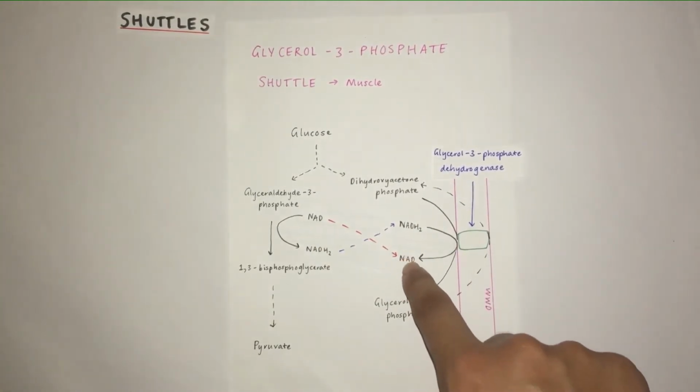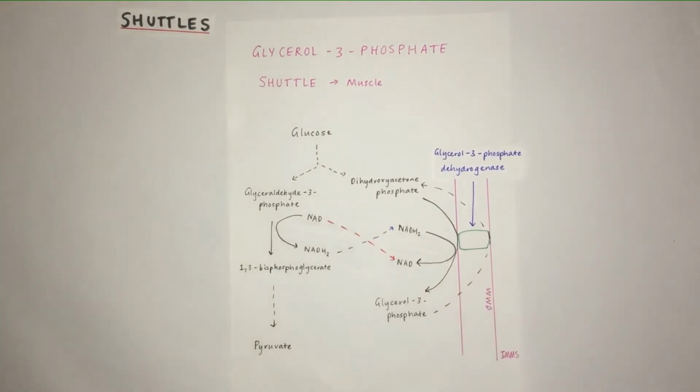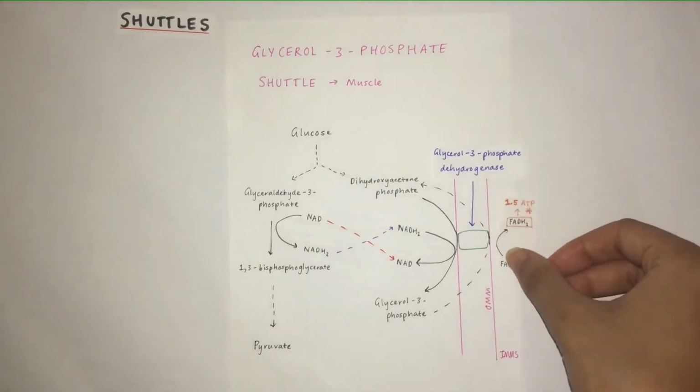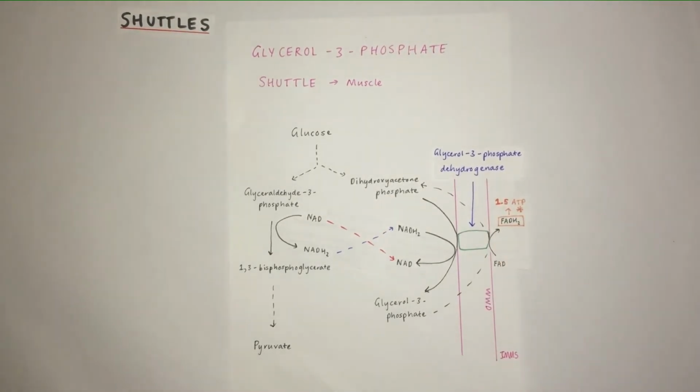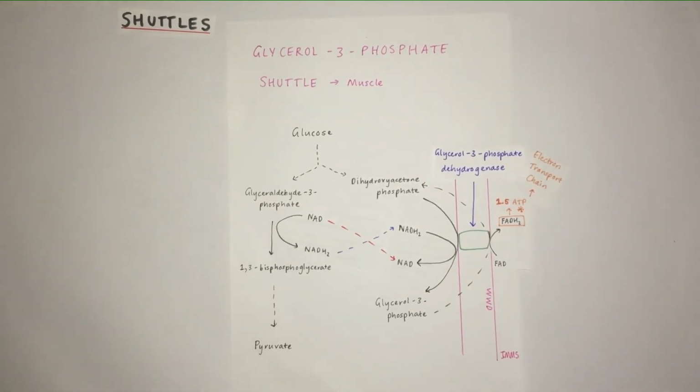So it's a dynamic process. As well, with this enzyme, in the mitochondria, it'll produce an FADH. An FAD will become an FADH. And ultimately, this will produce 1.5 ATP, which will go into the electron transport chain.